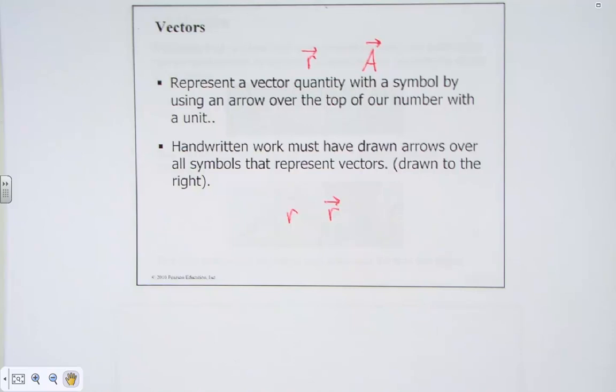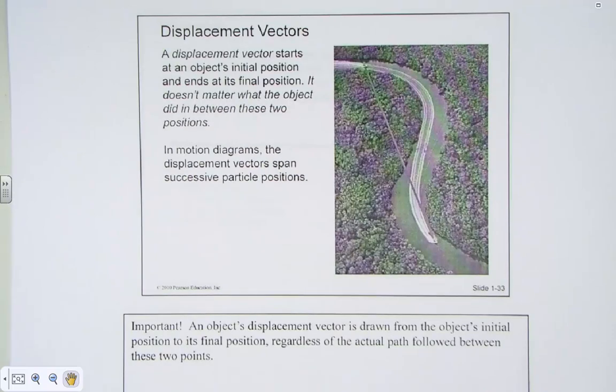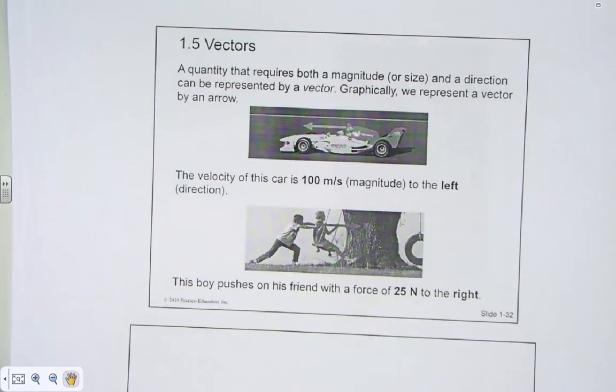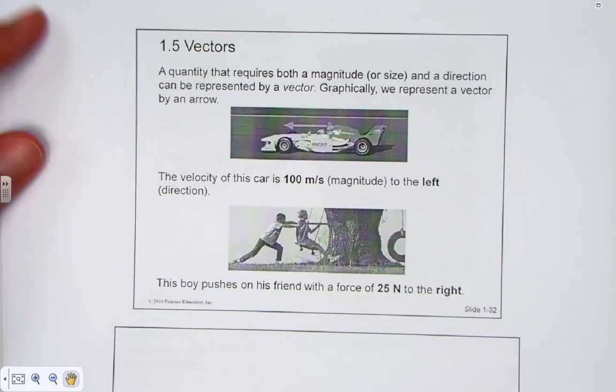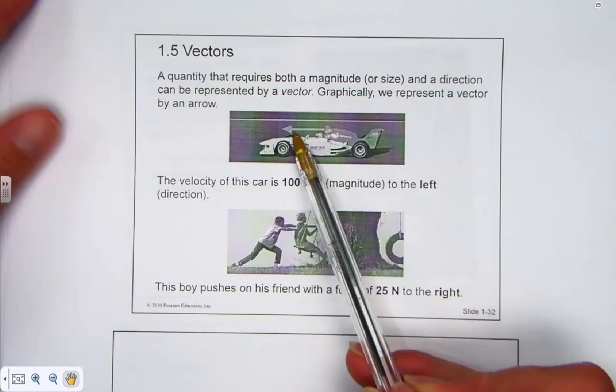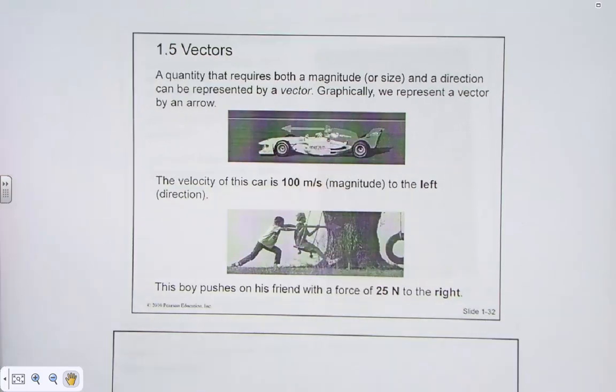Let's begin taking a look at those examples. Here we have a car being represented by an arrow. Since it is a vector, the quantity requires both magnitude and a direction, being represented with an arrow.